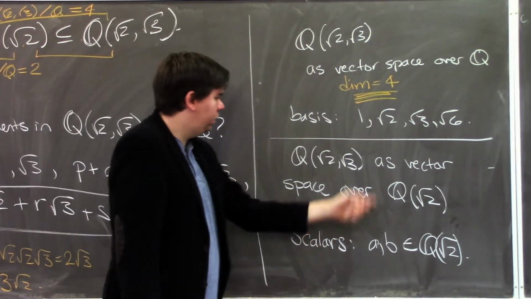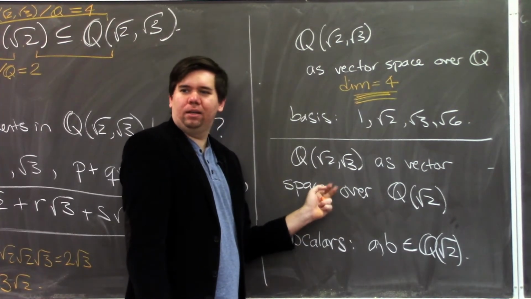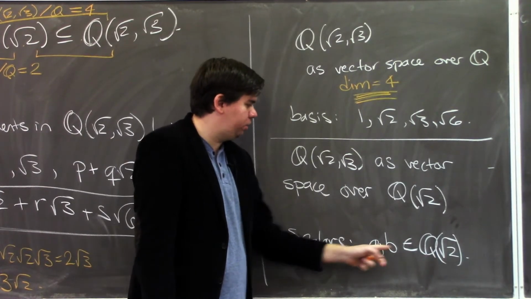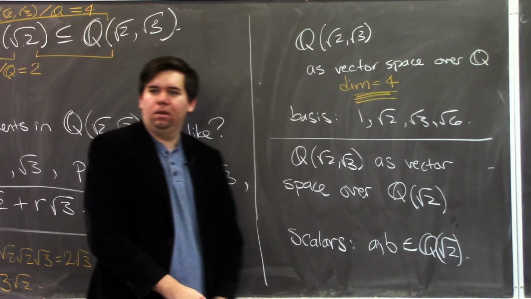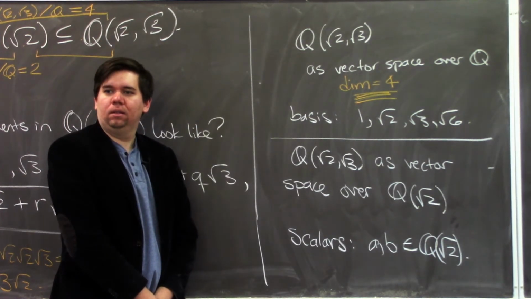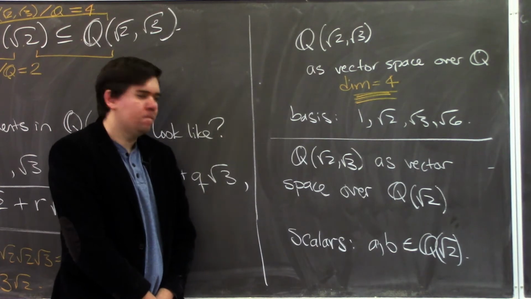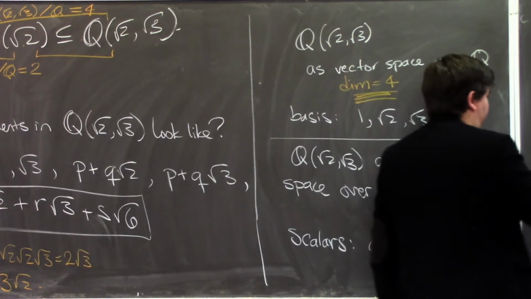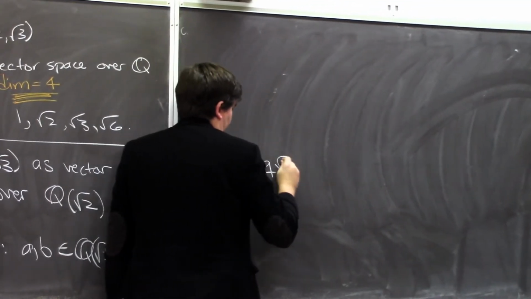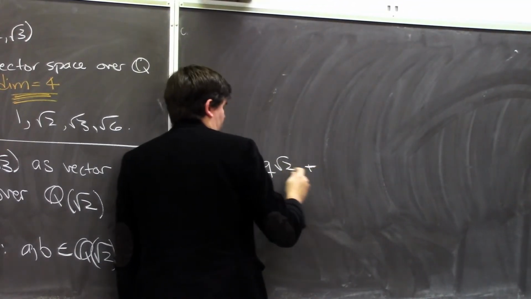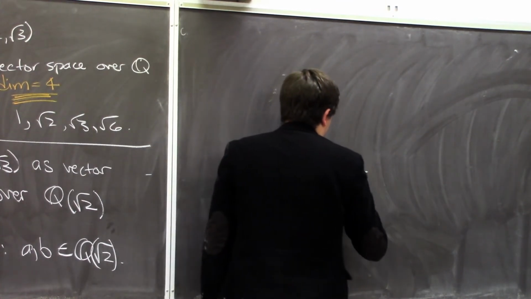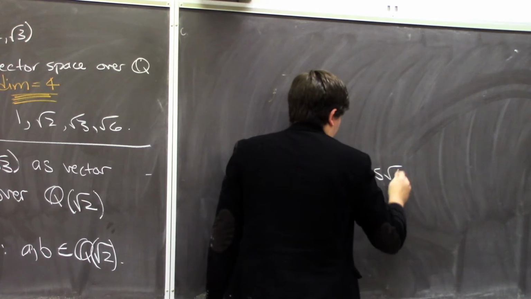So now, what do elements look like? If I can multiply by not just rationals, but by things in Q extended by root 2, what do elements look like? Before, we had said elements were of the form some rational P plus some rational Q root 2 plus some rational R root 3 plus some rational S root 6.